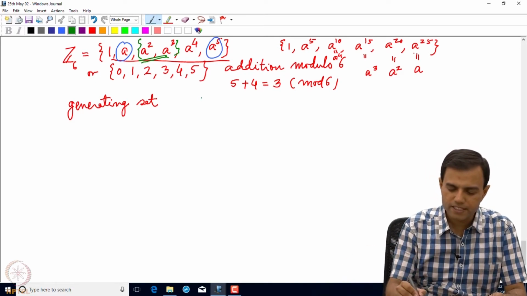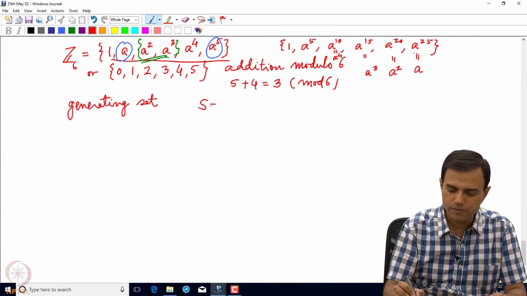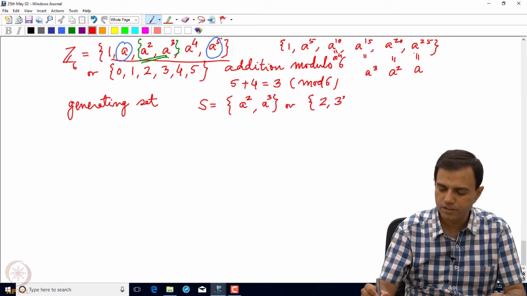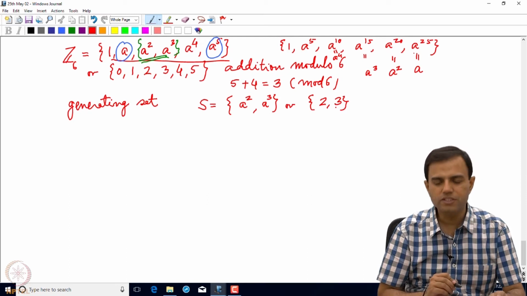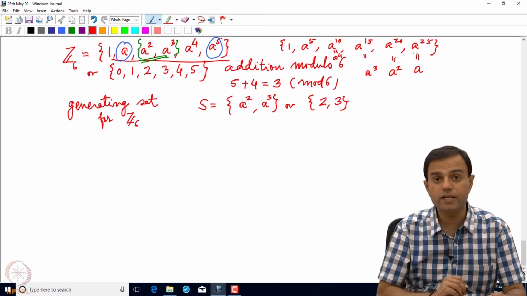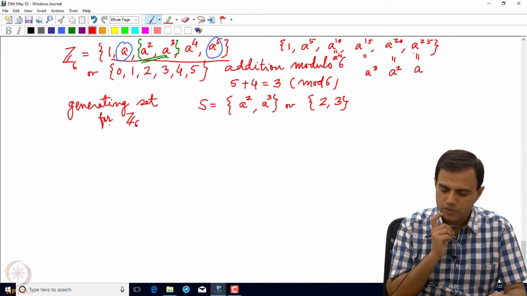So if I take S to be equal to A square, A cube, or I just take it to be 2, 3, then it's a generating set for the cyclic group Z6. So there are two options.